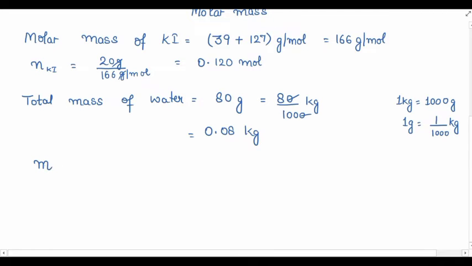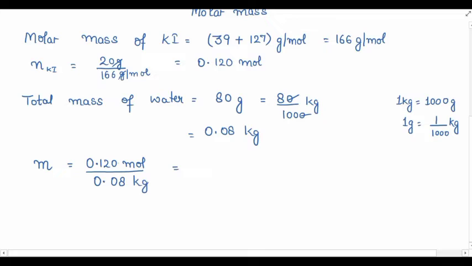So student, it is very easy. We have already found the number of moles and the total mass of solvent. Now apply the formula. m is equal to number of moles of solute upon mass of solvent. So the number of moles of solute is 0.120 mole and the mass of solvent is 0.08 kg.